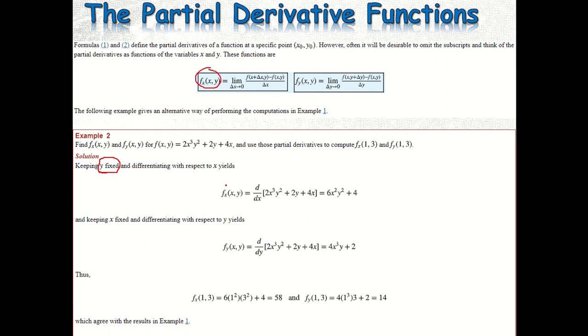So using this notation, the partial derivative of the function of x and y with respect to x is equal to the derivative of the function with respect to x.